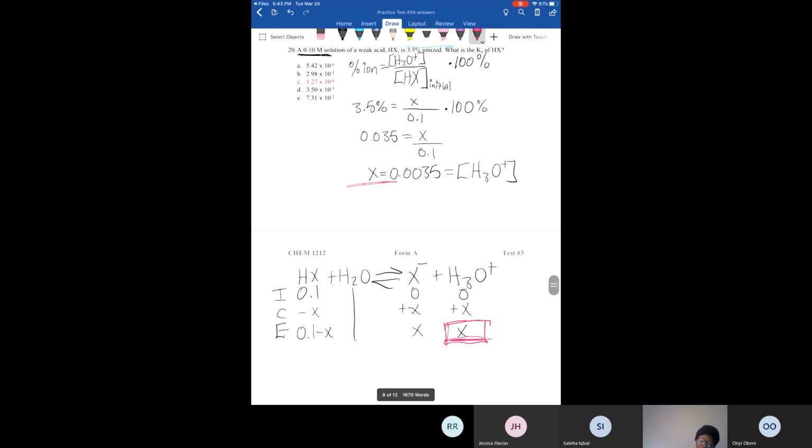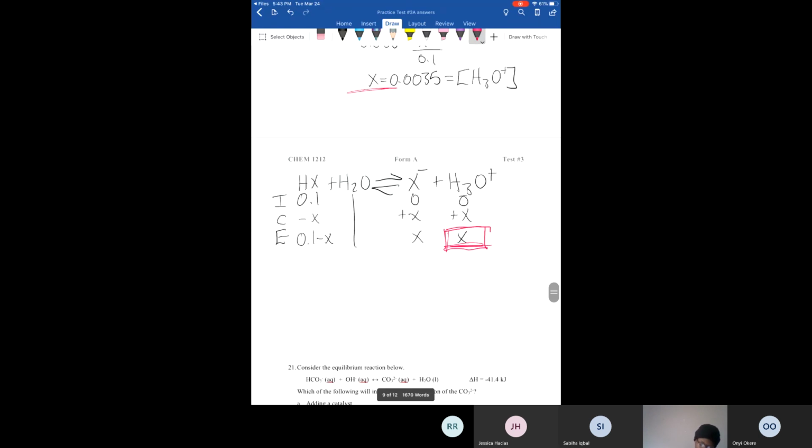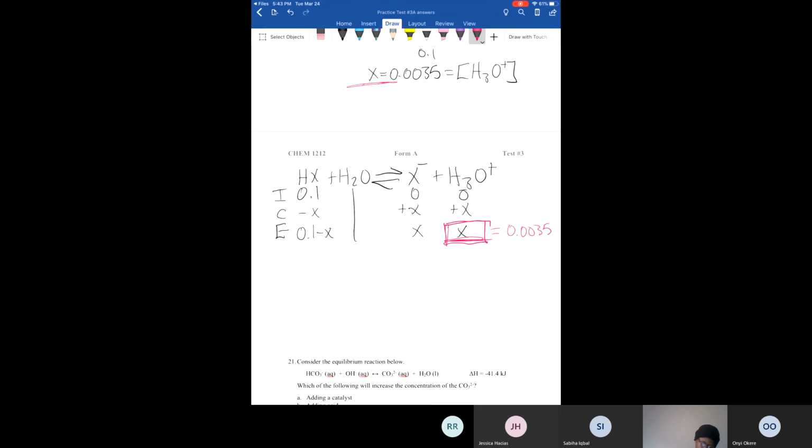So if this equals 0.0035, that means this also equals 0.0035, since it's the same X. Your equilibrium concentration of HX is going to be 0.1 minus 0.0035, which is 0.0965.